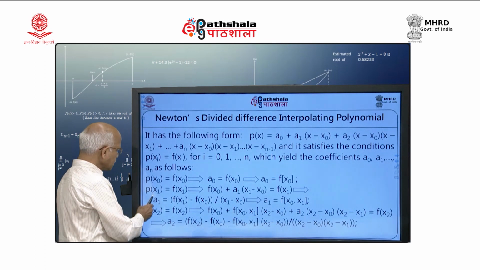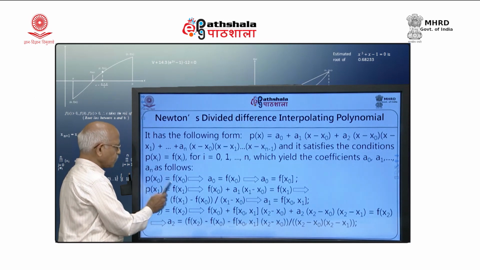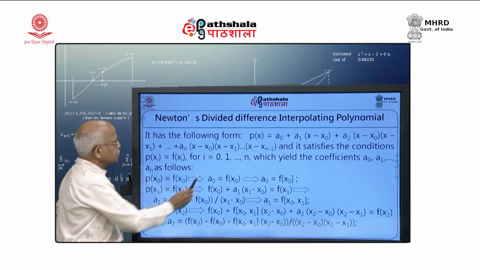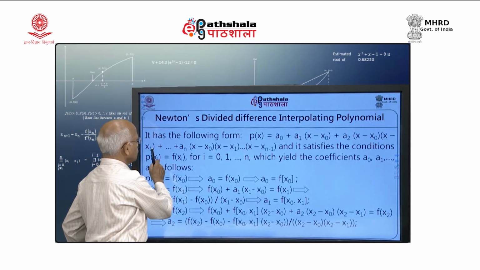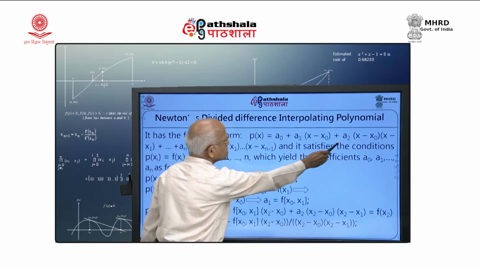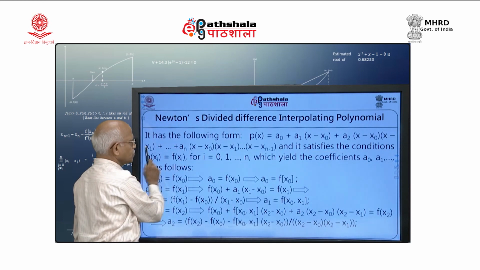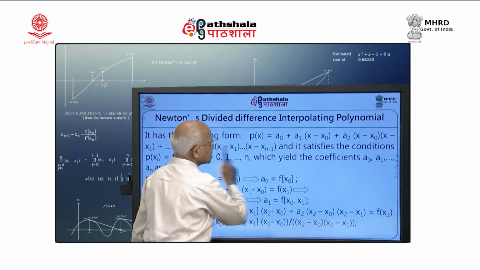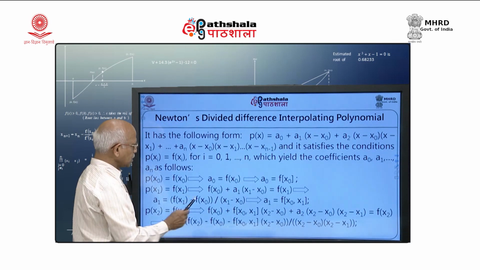Now, let us look at p(x1) equal to f(x1), which is given. If I substitute x equal to x1 in this formula, then from the third term onwards there will be a factor x minus x1 everywhere, and therefore everything from there onwards will vanish, that will be 0.